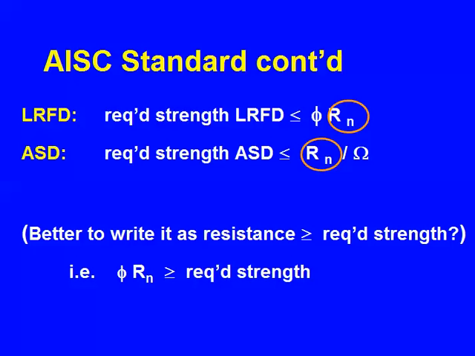The result then is I would say that the resistance, R sub n, knocked down by a certain value, because we don't know everything, has to be greater than what my analysis says I need, or equal. Well, the R sub n quantity, you notice, appears in each of those. And that's what we're dealing with.